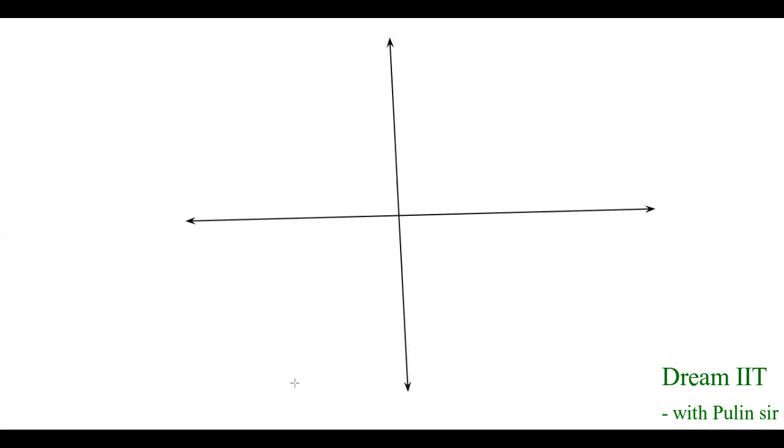Now we are going to look at the points. The first point will be here: this is 1, this is 2, 3. I'm trying to make it a little better. This is 1, this is 2, -1, -2, up to -2. Fine.